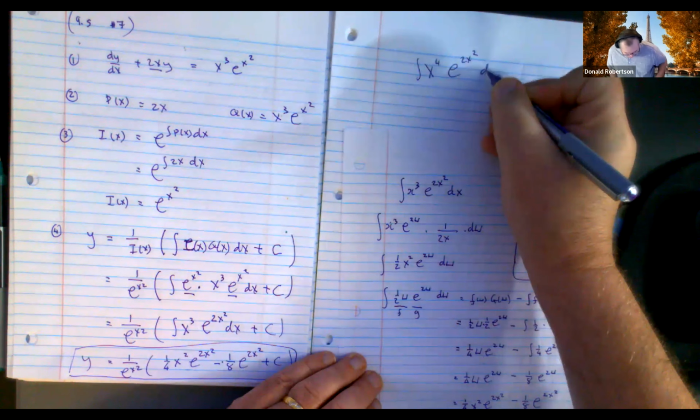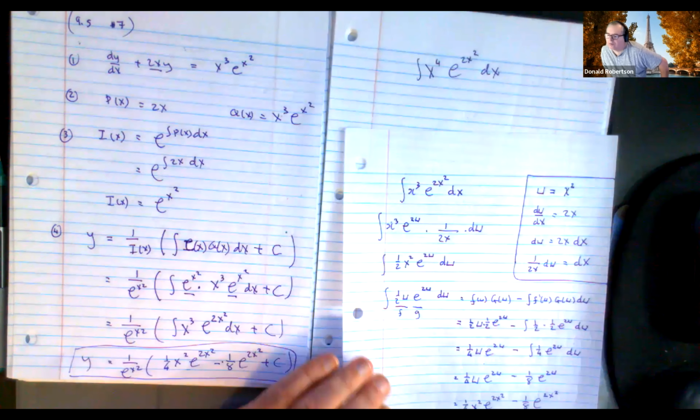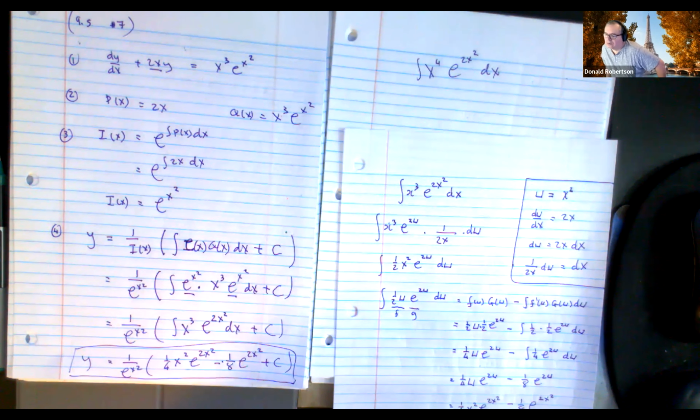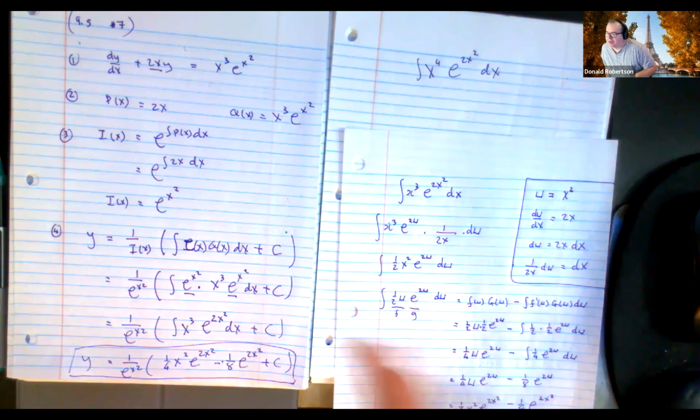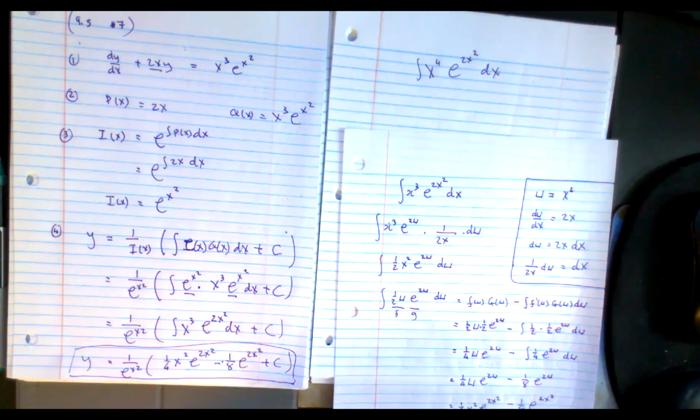The question would be impossible. Whatever technique I used, I'd end up with an orphan x, or later on I would end up with a u to the 3/2 e to the u, and I wouldn't be able to do integration by parts because there'd be bits left over. Okay.